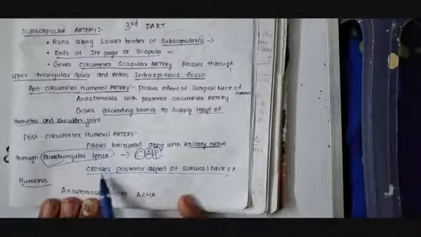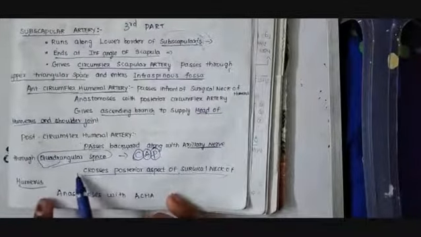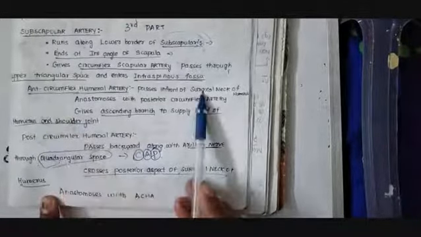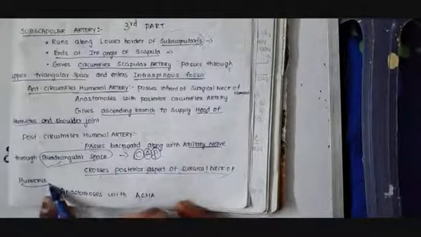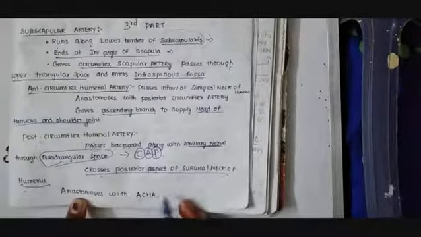So this artery crosses the posterior aspect of the surgical neck of the humerus. Very easy: anterior passes in front of the surgical neck, whereas posterior crosses the posterior aspect of the surgical neck of the humerus. And this anastomoses with the anterior circumflex humeral artery.